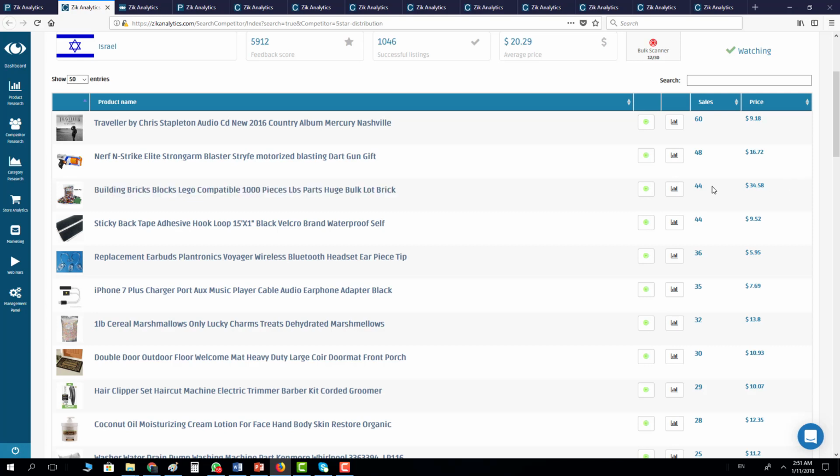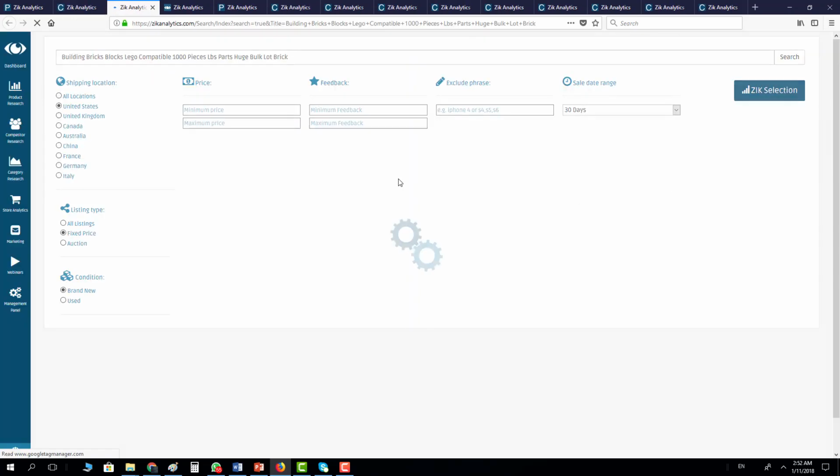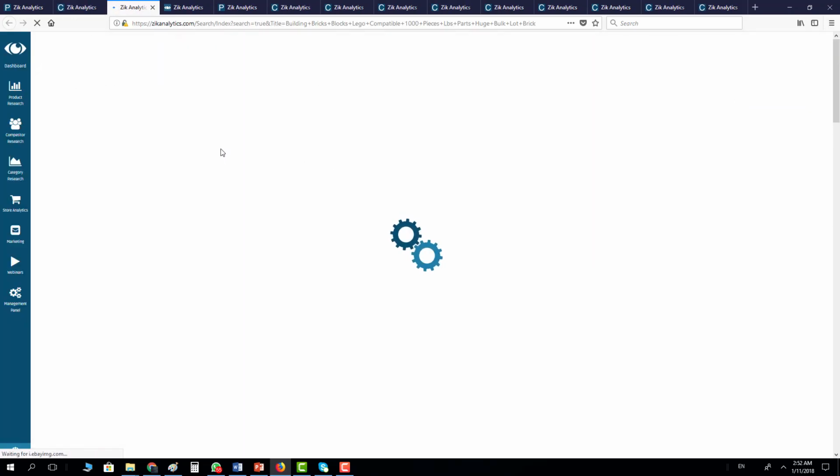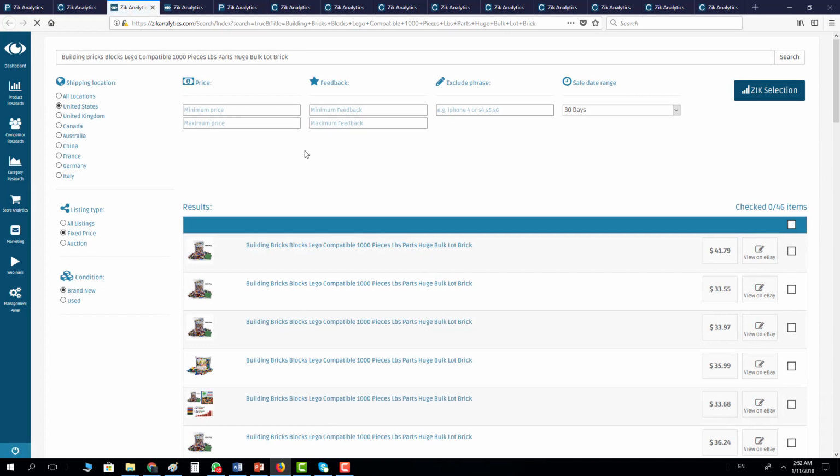The demand level, we can see here that this item itself sold 44 times in the last 30 days. There is demand. There are people sitting at home and looking for this item, okay? Now I want to see the competition level, and to see it, I click on the button here. I run a research on this title.